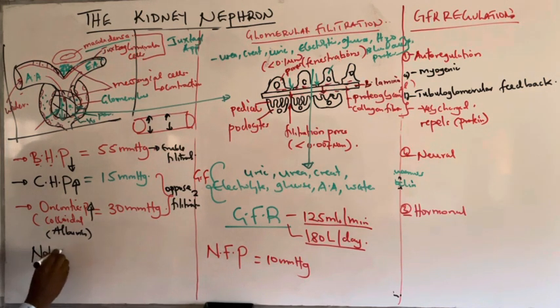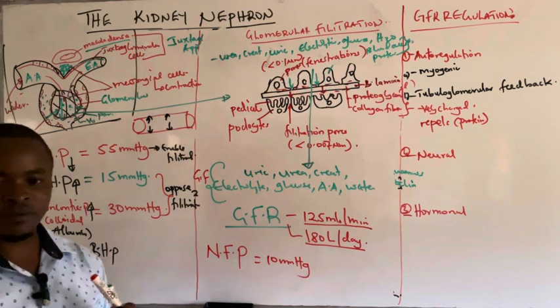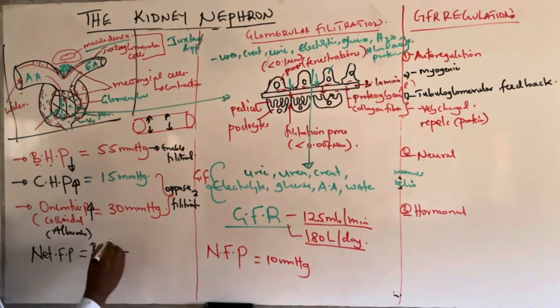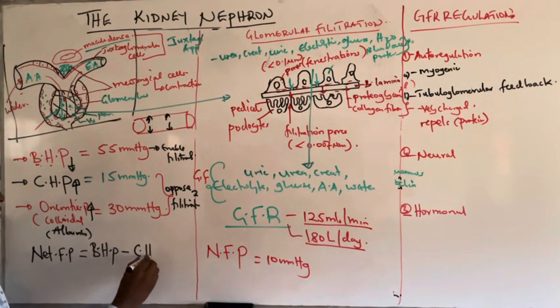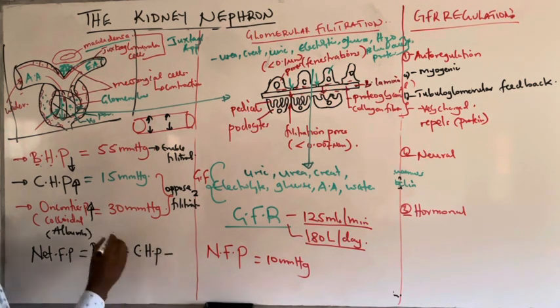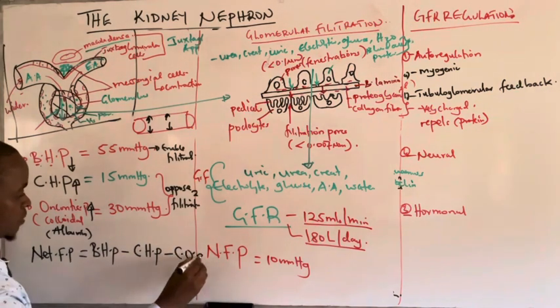Net filtration pressure, you get the blood hydrostatic pressure, which enables the filtration. Then you subtract the opposing, which is the capsular hydrostatic pressure. Then you subtract the colloidal oncotic pressure.